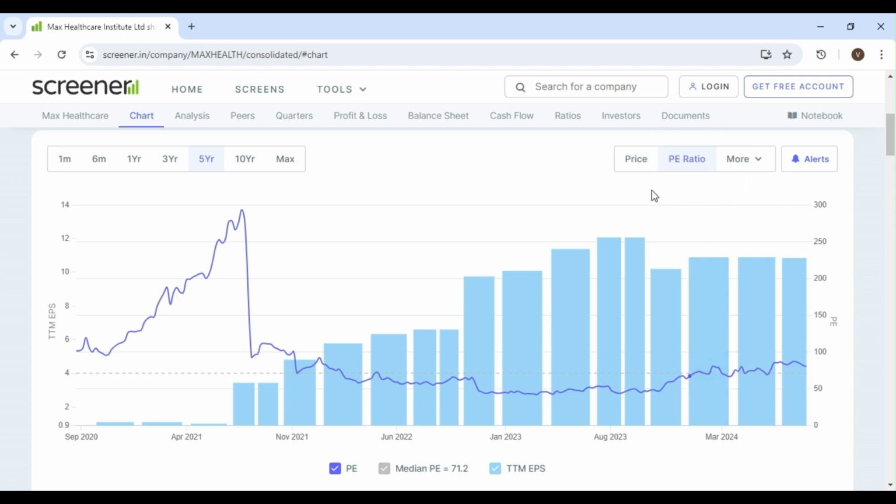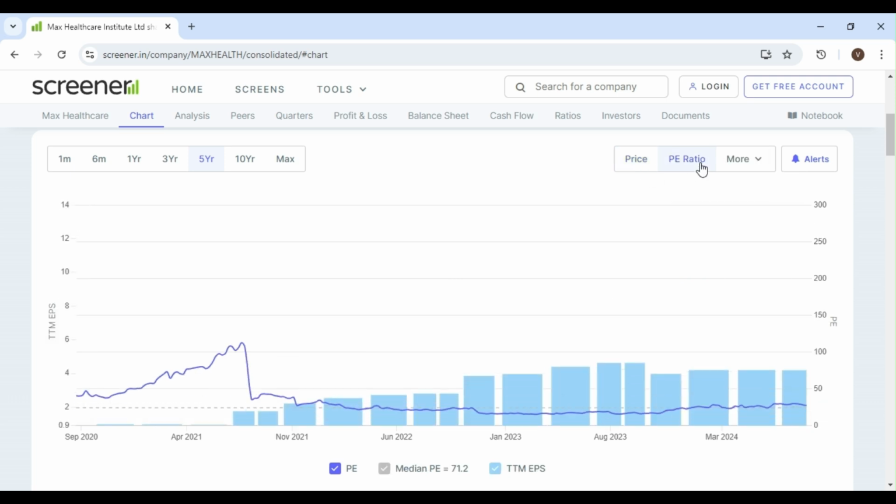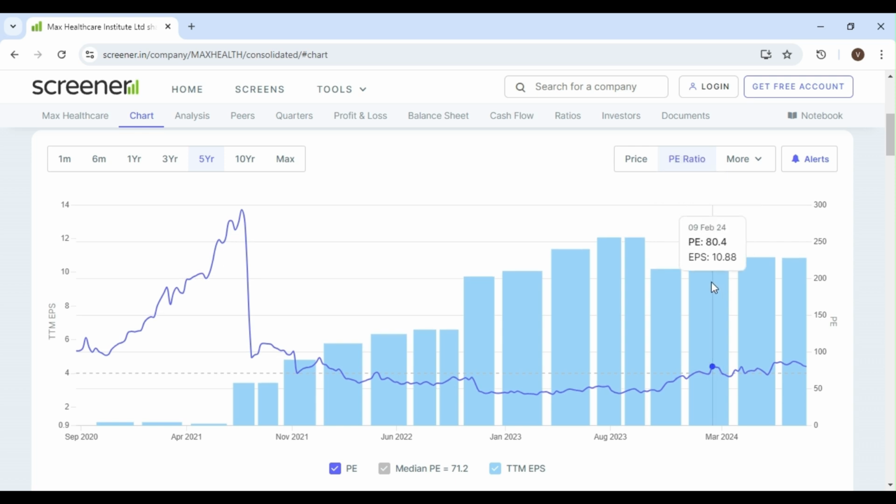So what is the price of this stock? See, it has 888, 883 price. The EPS is the same, 10.88. This quarter also 10.88 and this quarter also 10.88.